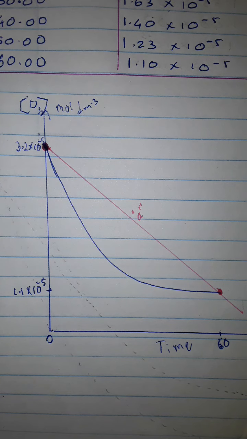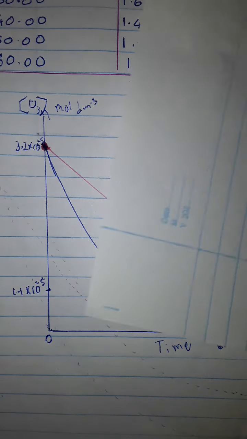Okay, we can find the average reaction rate like this. If I want to find the average reaction rate for this particular reaction, it will be like this.